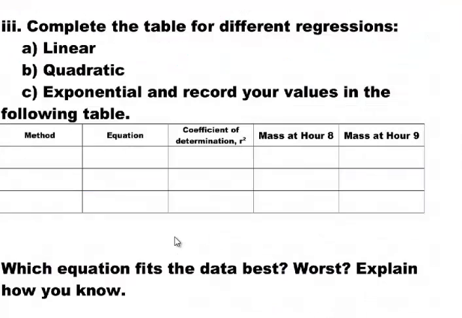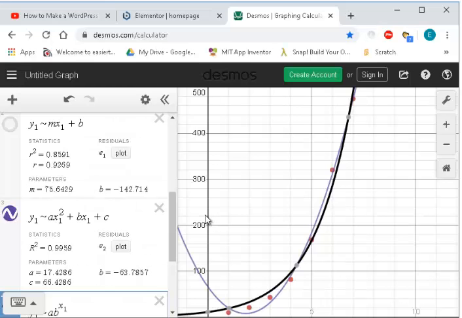The next part of the problem says complete the table for different regressions: linear, quadratic, and exponential, and record your values. So looking at this linear regression, you can see that m is 75.6 rounded to one decimal, b is negative 142.7.